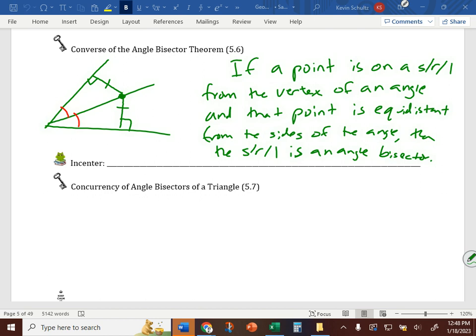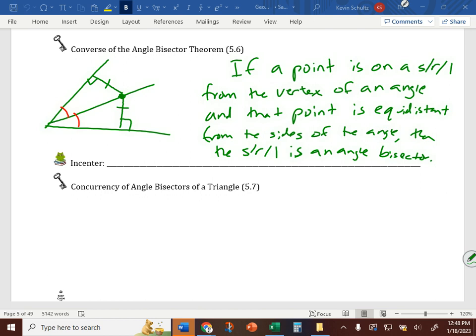The angle bisector theorem, if you're given those congruent angles, you can conclude the point on the angle bisector is equidistant from the sides. In this case, you're being told the point is equidistant from the sides, therefore you can conclude that it is an angle bisector. One piece of information gives you the other. Together, they tell you what an angle bisector does.